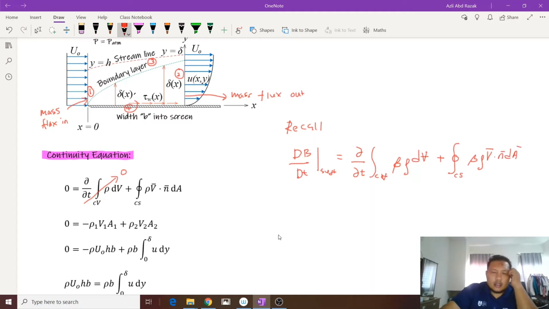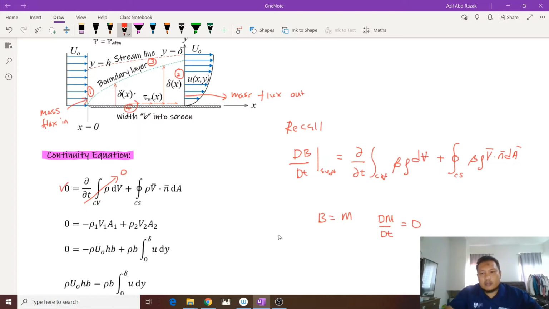In this case, B is actually the mass. When we differentiate the mass with respect to time, the rate of change of mass is equal to 0. That's why we have a 0 here.